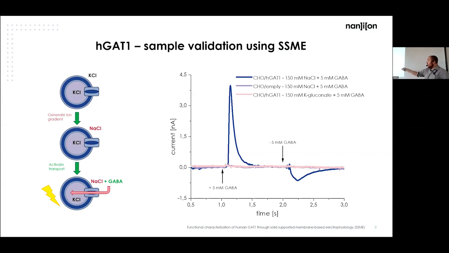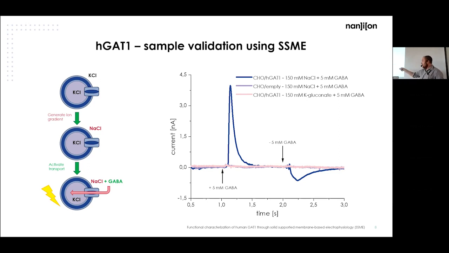So here on the right, you can see the results of this experiment conducted on CHO vesicles overexpressing human GAT1, and you can see I have this nice peak here. Then for control, I also used CHO vesicles empty, so not expressing the protein of interest.